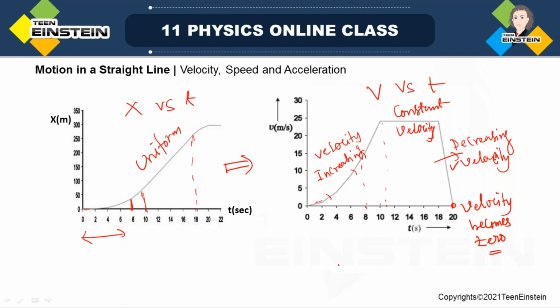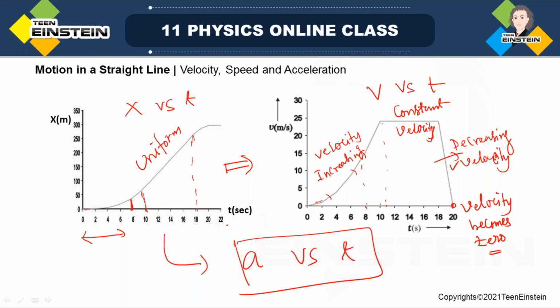So this is how any graph you have to analyze. Okay, you can analyze your graph like this. If we would have been asked to find out the acceleration versus time curve from this position time curve, there also we'll be able to draw an acceleration time curve.